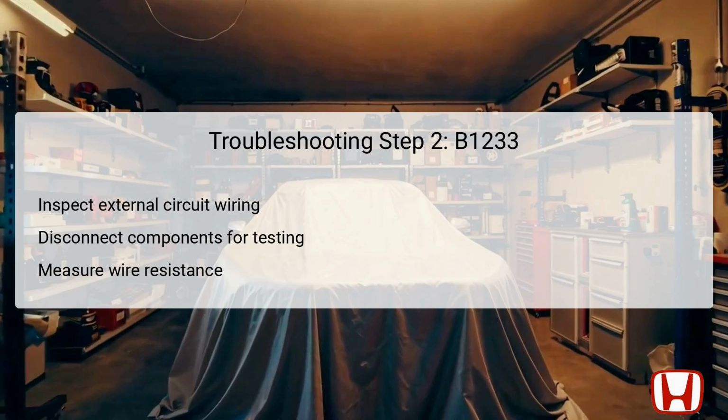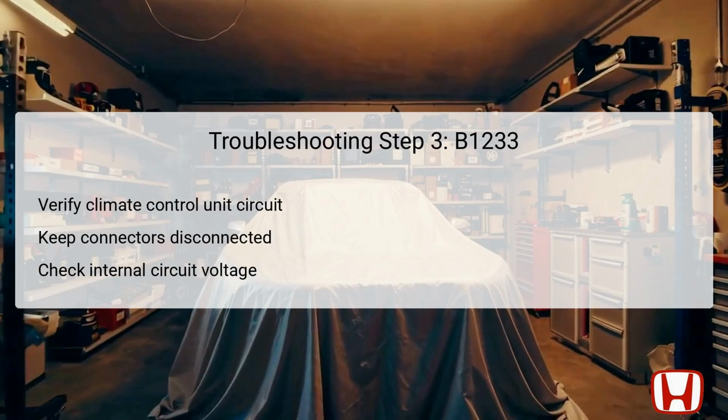For a healthy circuit, it is essential that both wires show less than 1 ohm resistance. Any readings above this threshold indicate a potential complication in the circuit that needs addressing, such as shorted or broken wires, which can lead to DTC B1233.